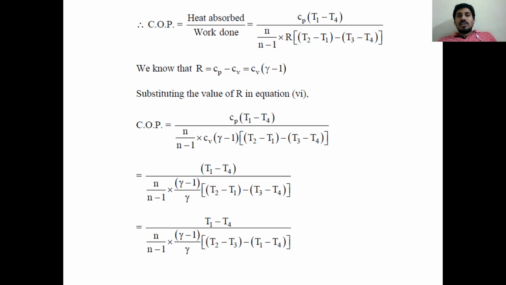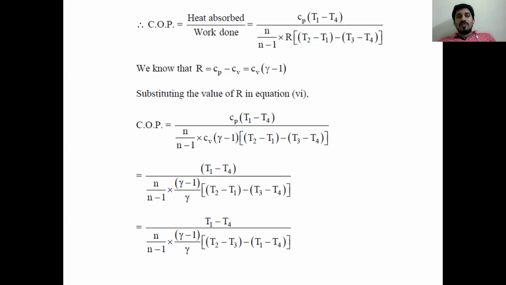If you see, Cp minus Cv is equal to R, we know that. If I take Cv common, Cv has been taken out, Cp by Cv minus 1 comes like that. So Cp by Cv gives gamma, so R is equal to Cv into gamma minus 1.